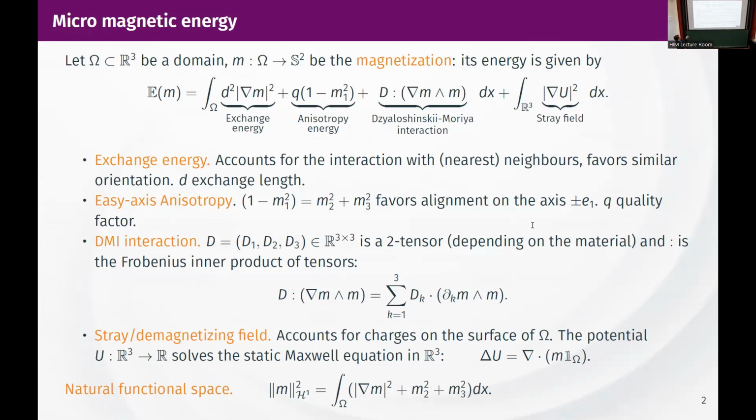And in this talk, I will also consider two types of energy. I will assume that there is an easy axis anisotropy, so that the magnetization will align with the e1 line. So the first component of the magnetization will tend to be -1 or +1.